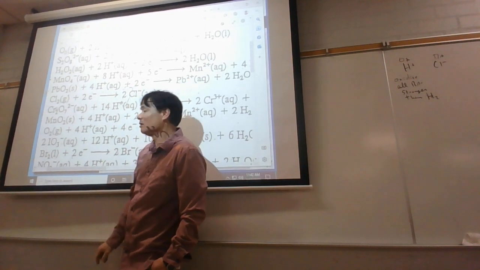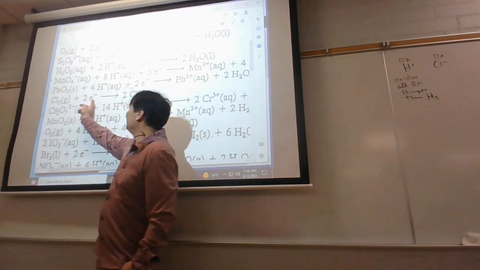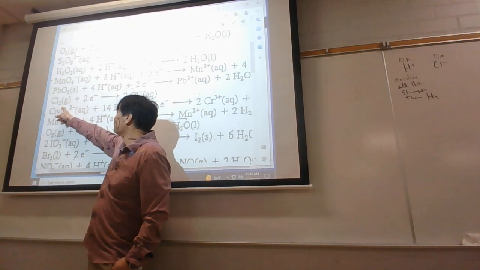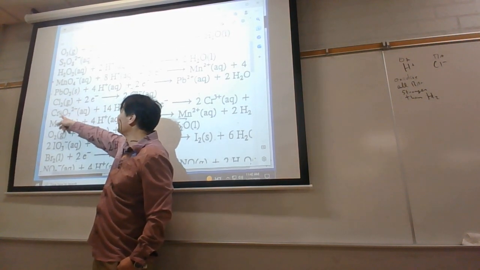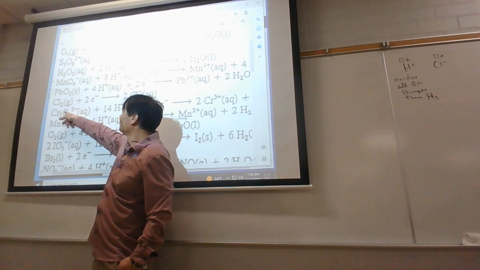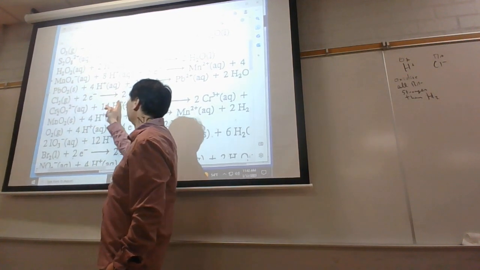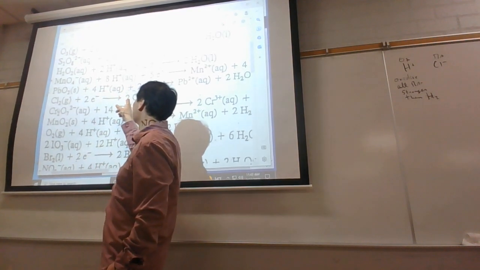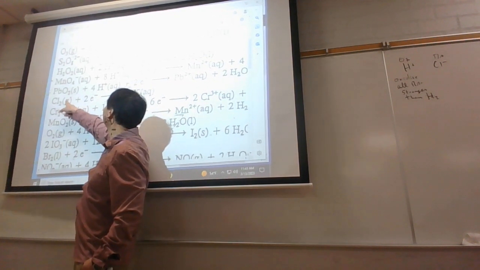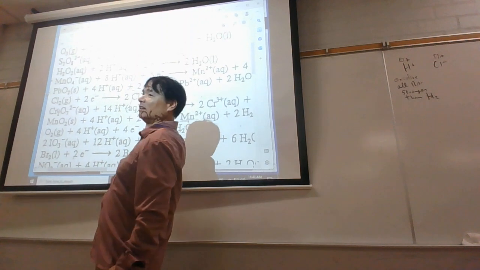They're both equal, it'd be a tie. So we need something stronger than chlorine. What is stronger than chlorine, lead 4 oxide or dichromate? Lead 4 oxide. So in other words, lead 4 oxide will oxidize chloride to form chlorine and lead 2+.